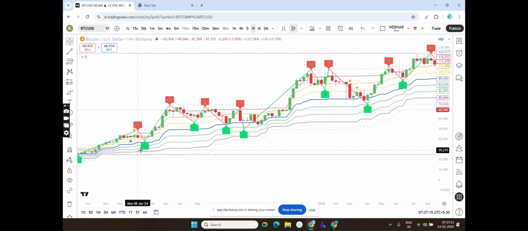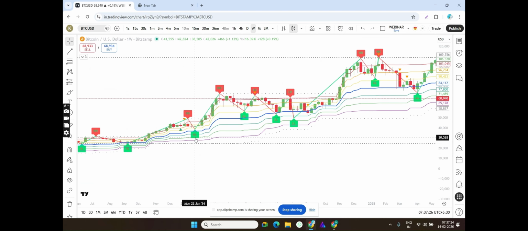So here is February 2024. Already we have got entry here. We got a backtest here near about, but the entry was somewhere in September 2023 on the weekly time frame.